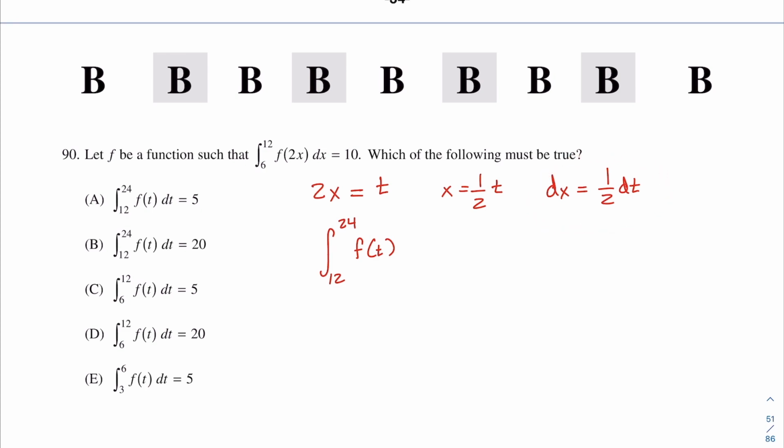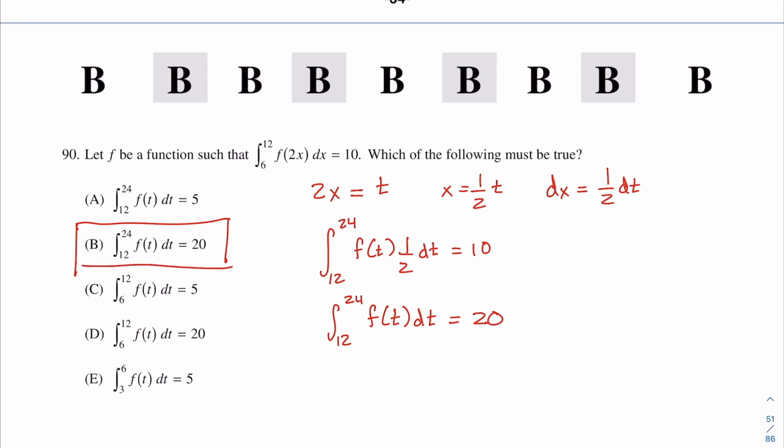So it's 1 over 2 dt is equal to 10. And if we factor out this 1/2 and then multiply by 2 on both sides, we get that the integral from 12 to 24 of f of t dt is equal to 20. And that just happens to be B.